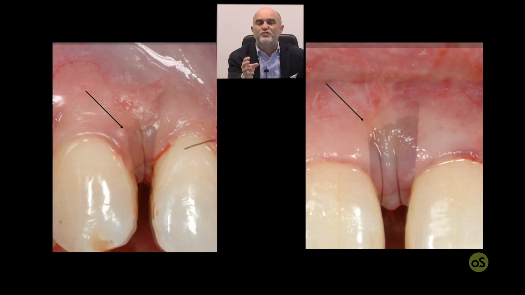And so how can you prevent shrinkage in mucogingival surgery, prevent the tendency of the coronally advanced flap to go back to its original position? You add a connective tissue graft.